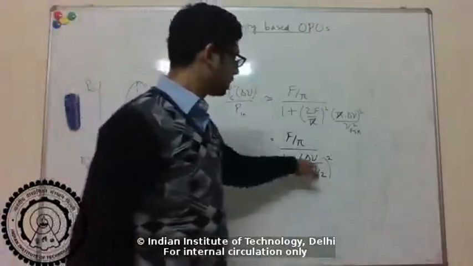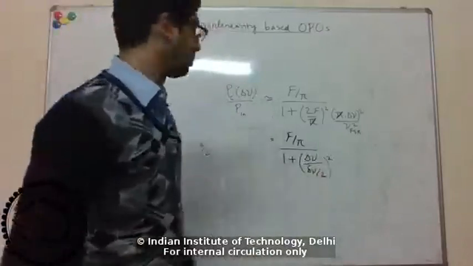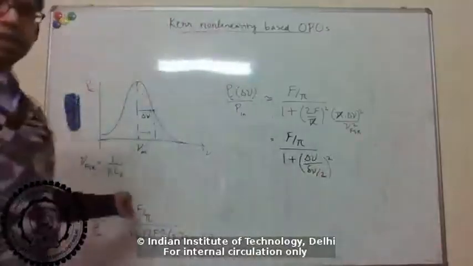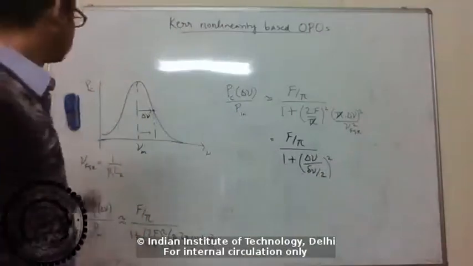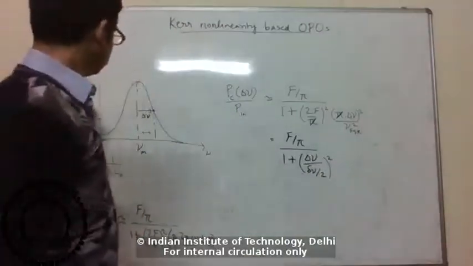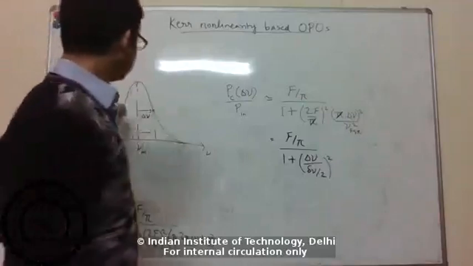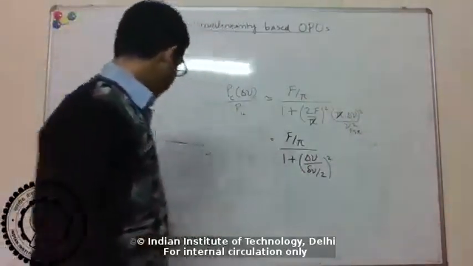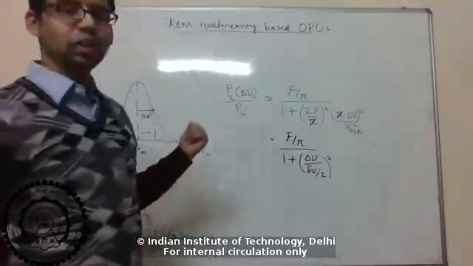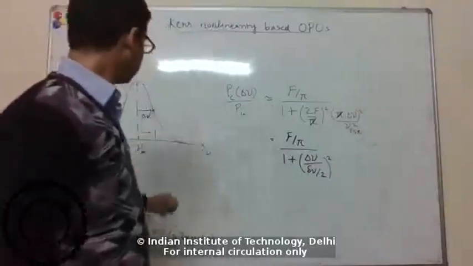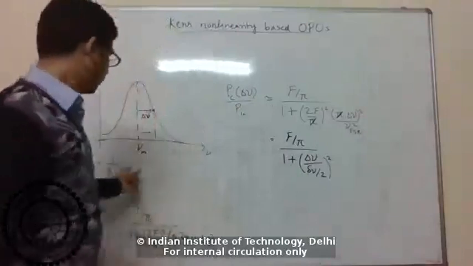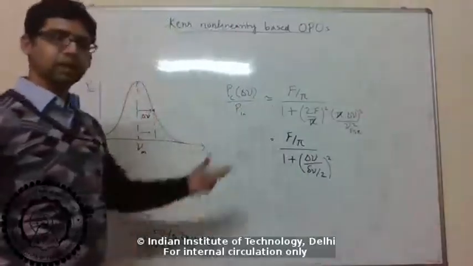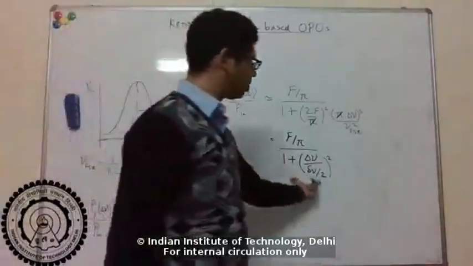So 1 over 1 plus x squared. You might have learned previously in some optics course that the cavity resonance shape is given by a Lorentzian, right? But you can see that it's actually not exactly a Lorentzian, but under this approximation of a good cavity, when we replace this sine by its argument, then we end up with this Lorentzian line shape.